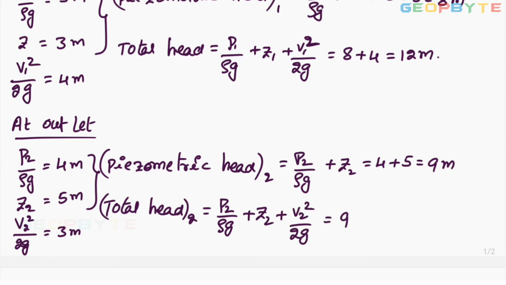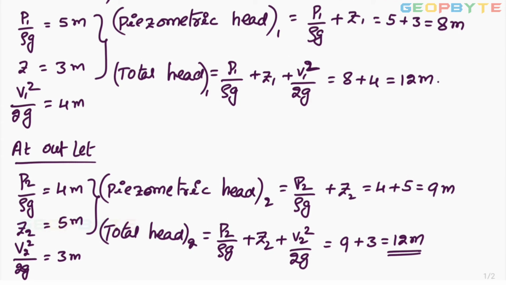Piezometric head is 9, kinetic head is 3, so it is equal to 12 meters. So the total head cannot be changed. Piezometric head is definitely changing when the cross section is changing or elevation is changing. So I got piezometric head at state 1 is 8 meters, and at state 2 is 9 meters.